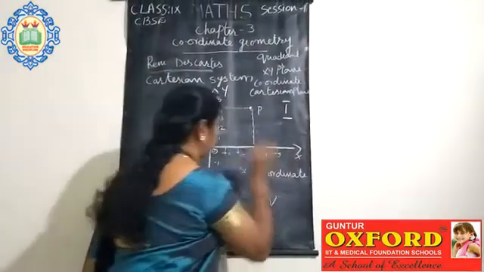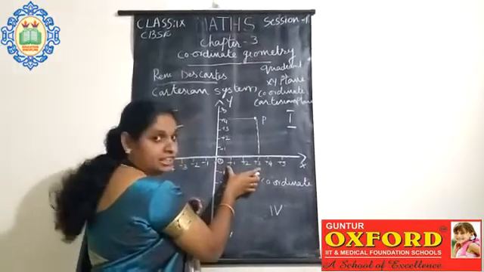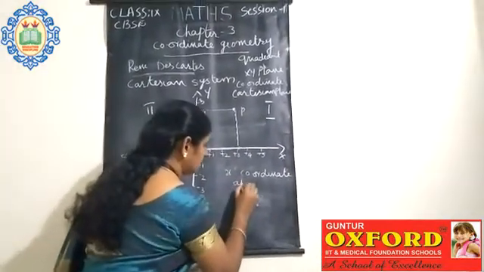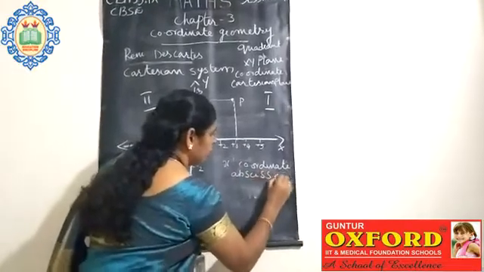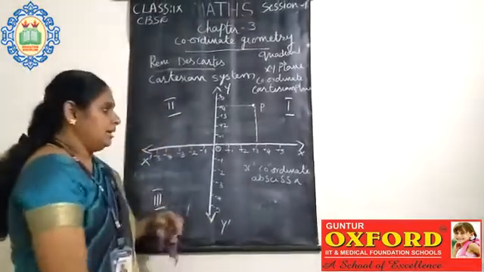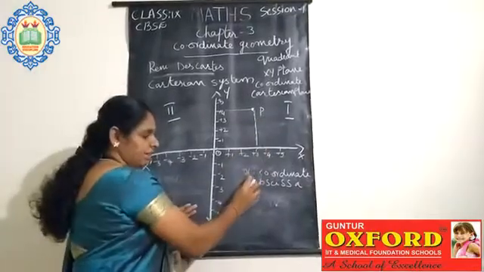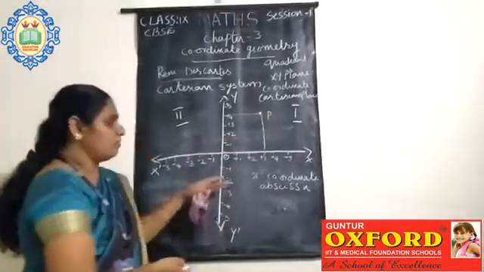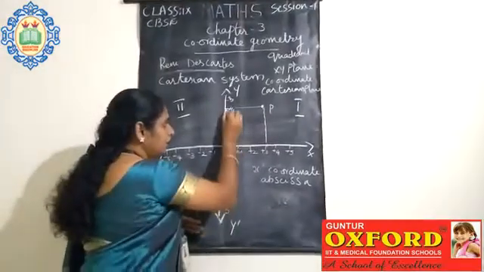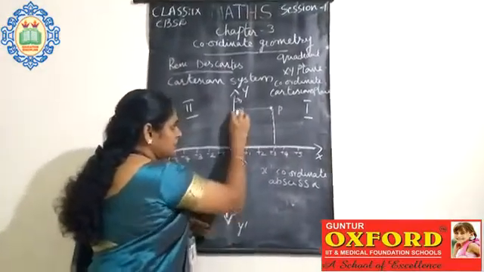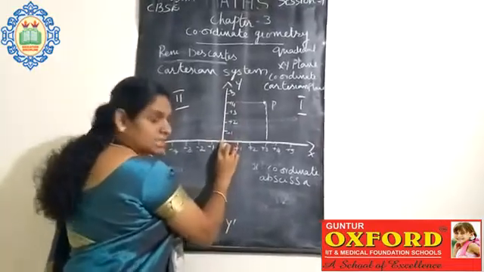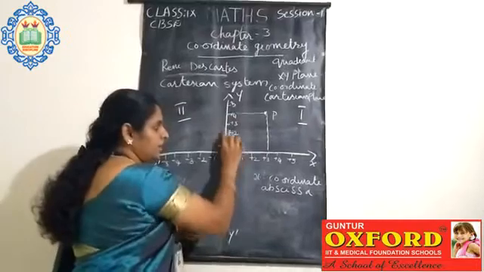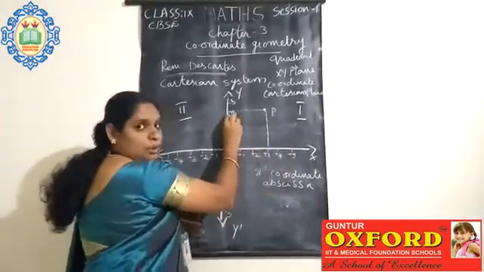Here, what is the x-coordinate? 3. X-coordinate or abscissa. X-coordinate is the first point. Next one is the y-coordinate, the perpendicular distance from the x-axis. How much distance is there from the x-axis? 1, 2, 3, 4. From the x-axis, this is 4 units.